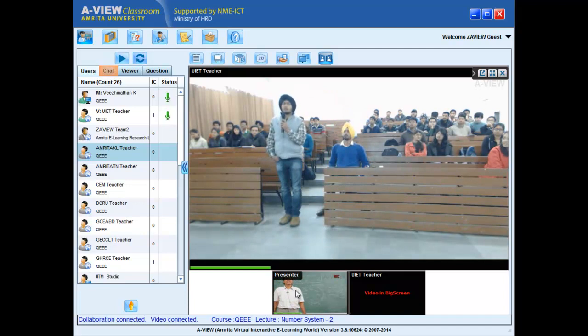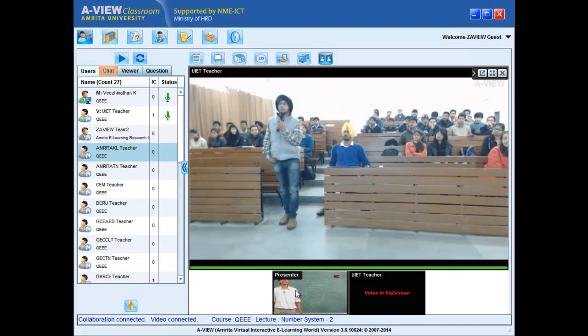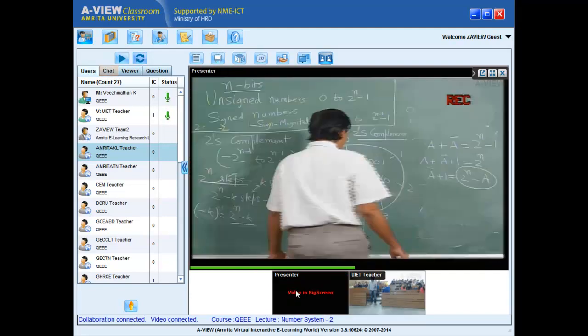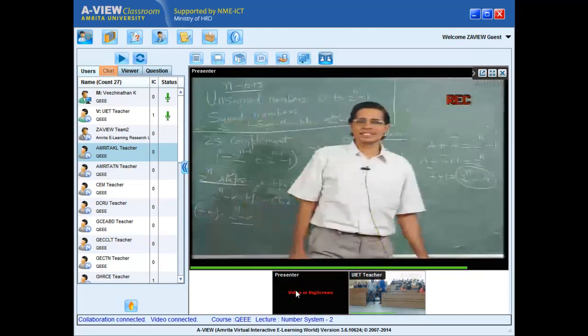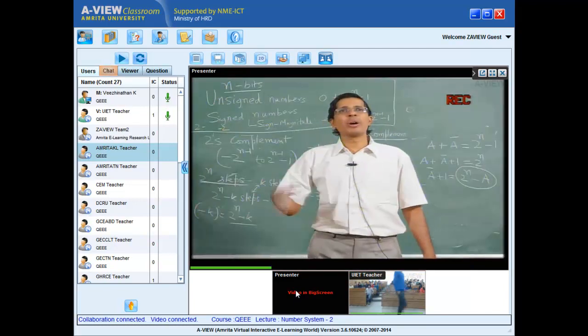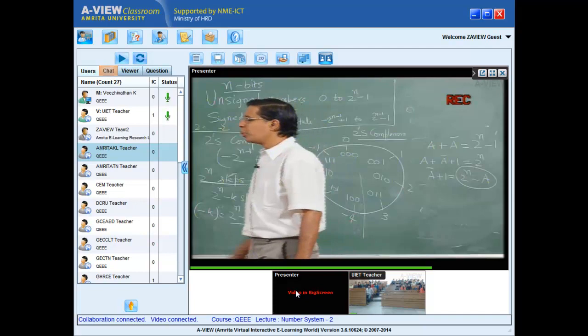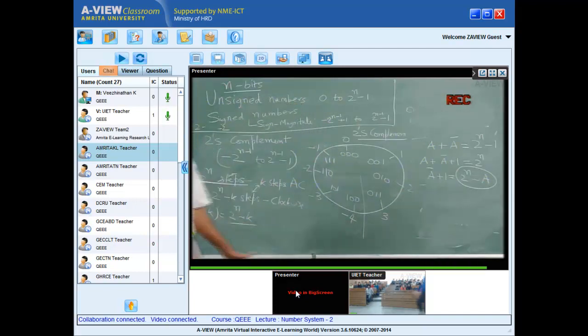So why are we getting the complement of -4 as -4? We are getting the complement of -4 as -4 because 4 is exactly half of 8. So I want to model -4 as 2 power n minus 4.